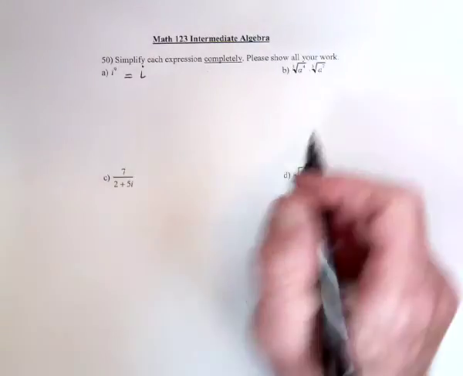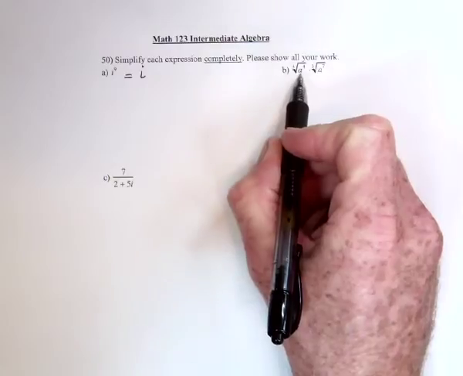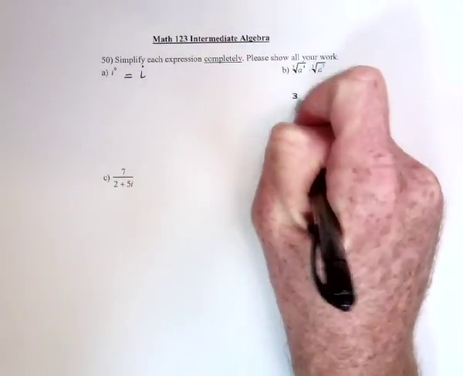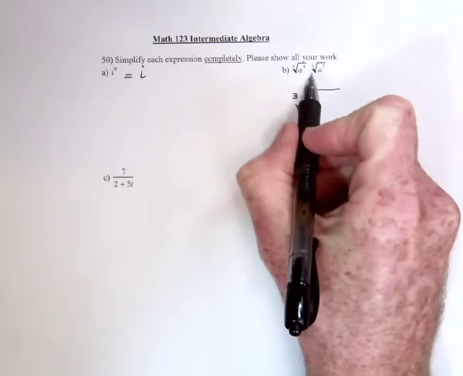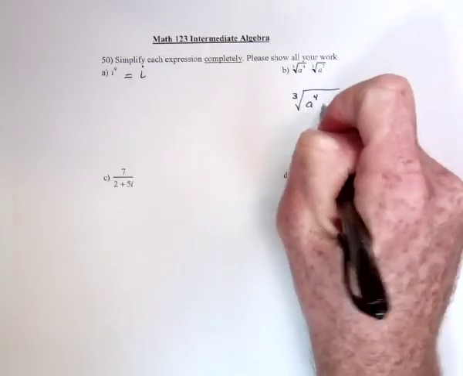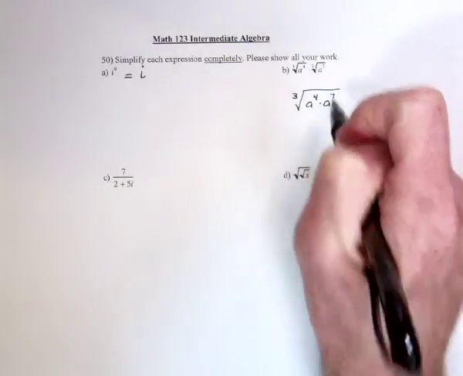Well, next up, what I could do is, there's a couple of ways to do this. One is, because these are both cube roots, I could combine them as one cube root, and since this is multiplying, this is multiplying. That works with multiplication and division, but not with addition and subtraction.